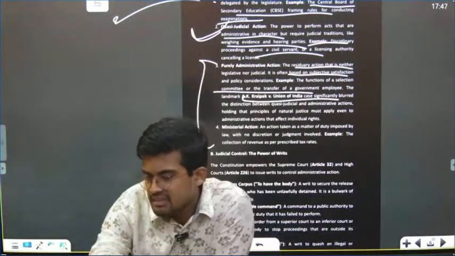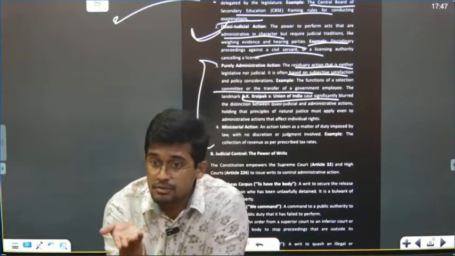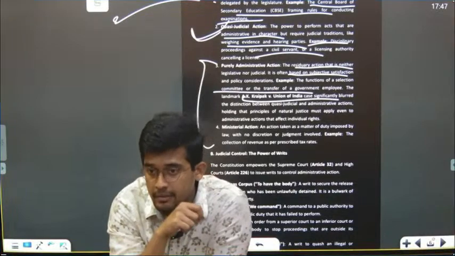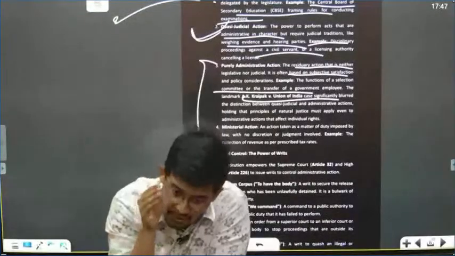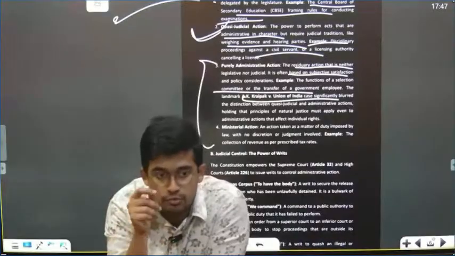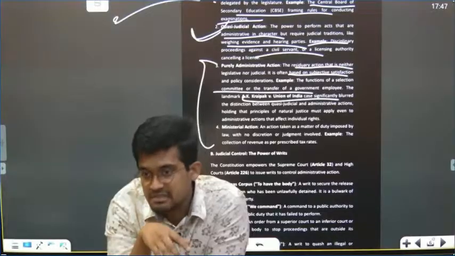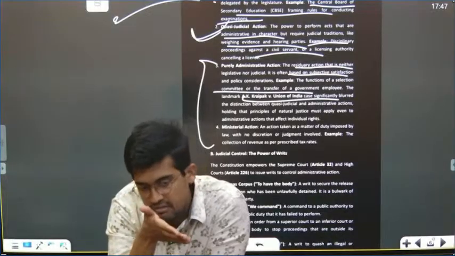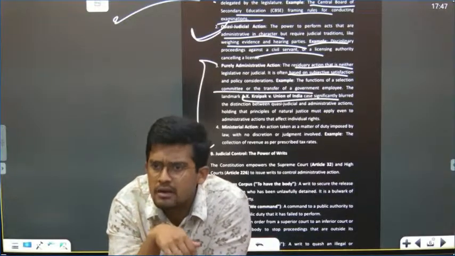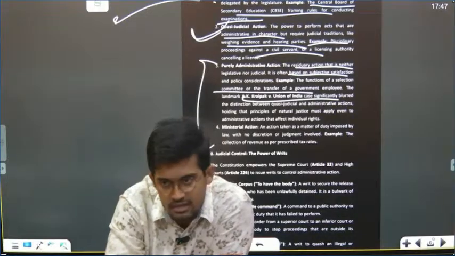That is an administrative function, but that is reviewable by court. Why? Because the rule of law needs to be applied there also. If you have been given a discretion to choose people, you can't choose people on the basis of what you want. Constitutional principles need to be followed. You can't say, okay, this person is from my caste or my religion, I'll take him. No, you can't do that. That means those functions are also judicially reviewable.